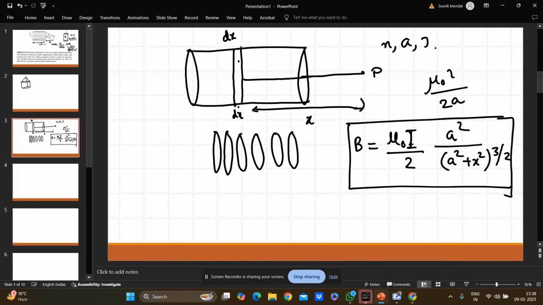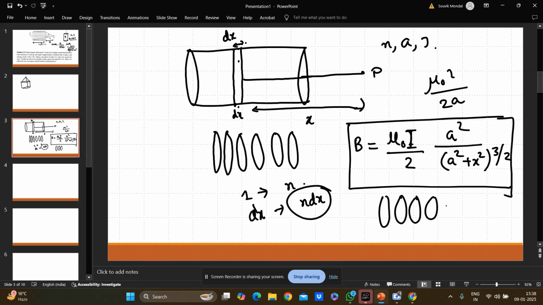Okay, now this is the distance dx, the thickness dx, and n is the number of turns per unit length. So unit length consists of n turns, and dx length consists of n into dx turns. There is one turn, two turn, three turn, four turn.